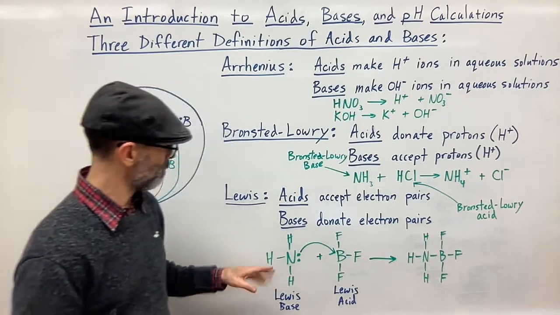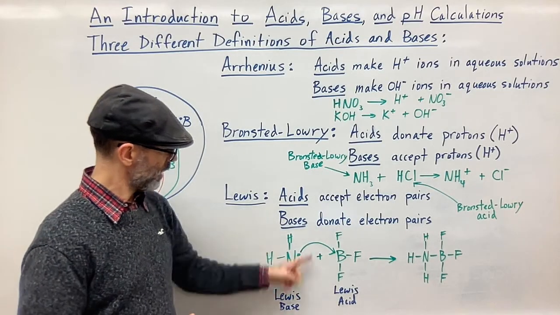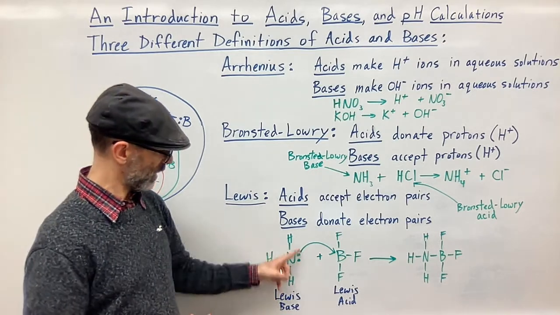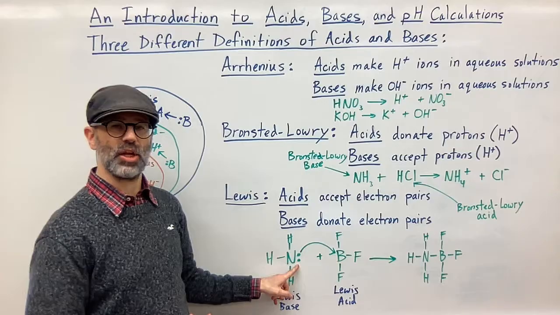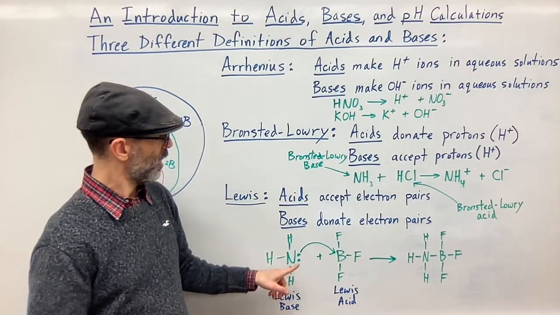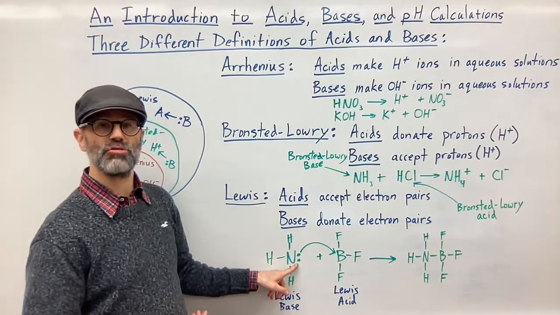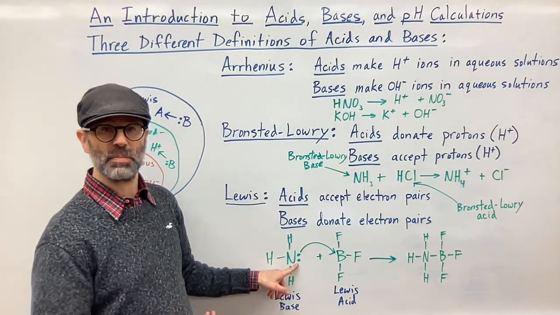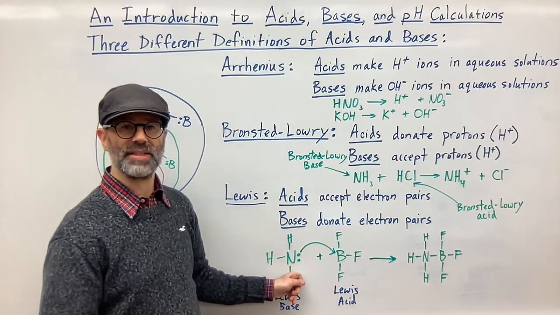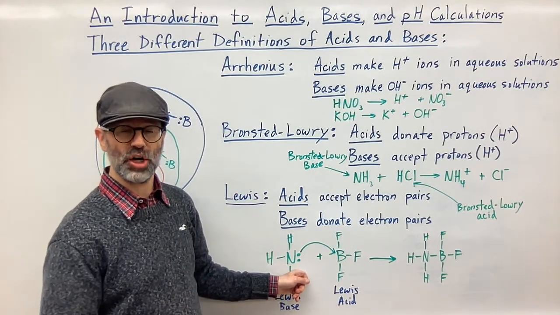So here is an example. Here we have ammonia again written in its Lewis dot structure. So we have NH3, and notice that it has a lone pair on the nitrogen, which is typical for nitrogen. So this is going to donate its electron pair. As a donator, we usually will call this an electron donor, right?